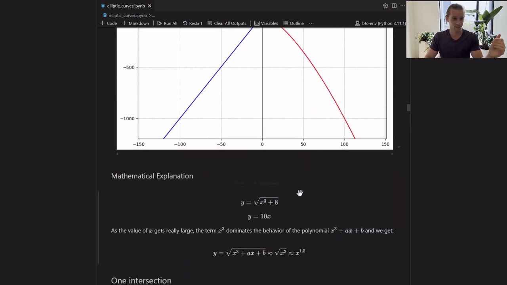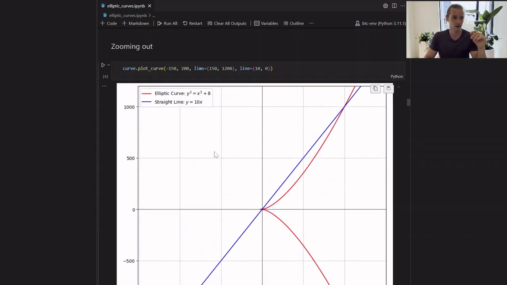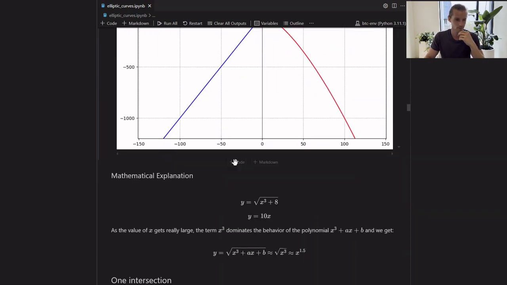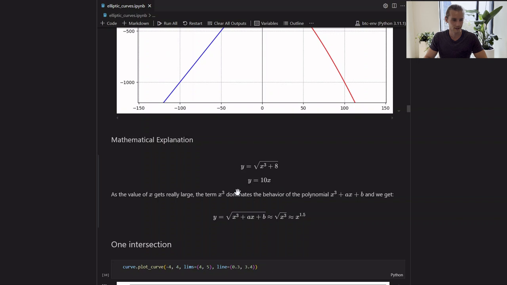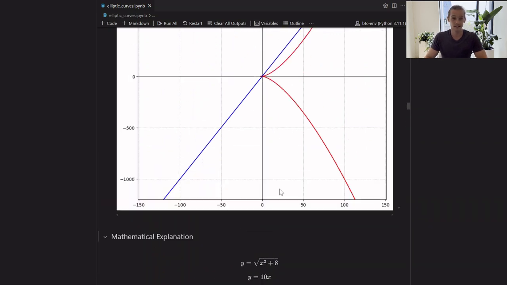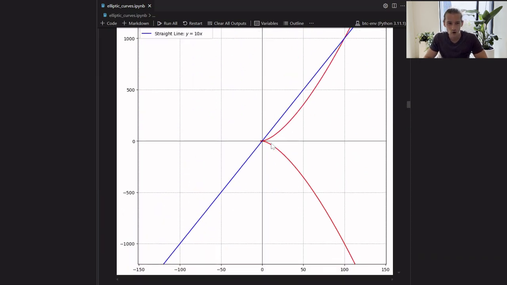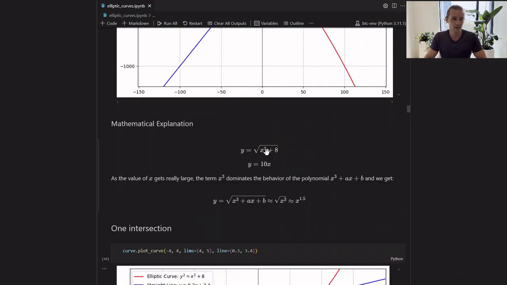Mathematically, we can actually explain this. I won't spend too much time on this, but basically what you have to do in order to be able to compare the 2 equations is take the square root of the elliptic curve equation, which in this case would look like this. But one thing that you can see is that as we go further along the x-axis here and increase the x value, this term here will be completely dominated by the x cubed, which is the case for any form of an elliptic curve.